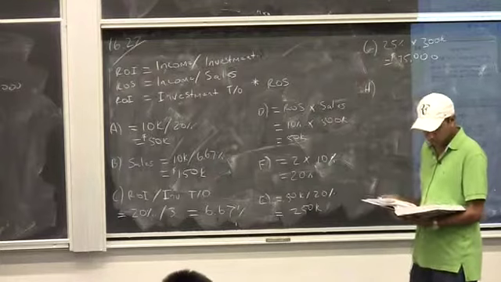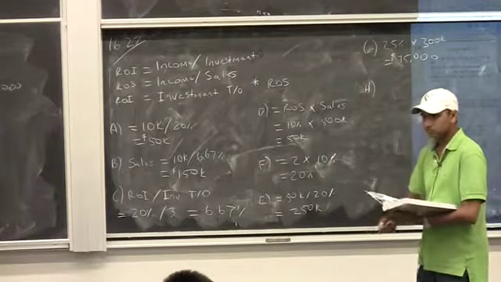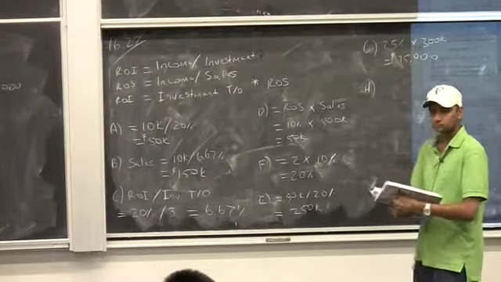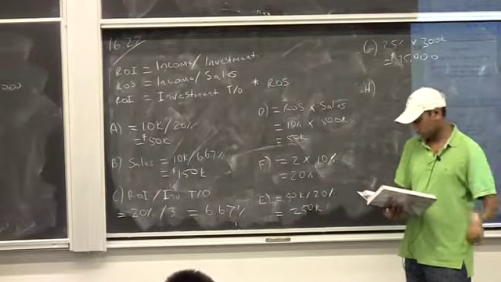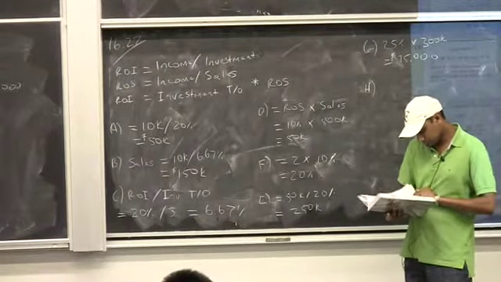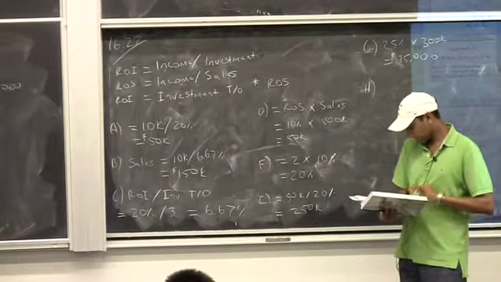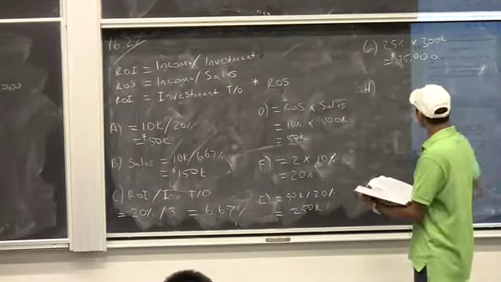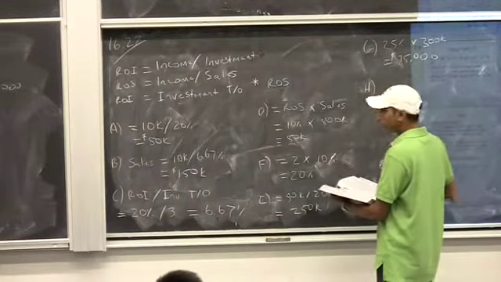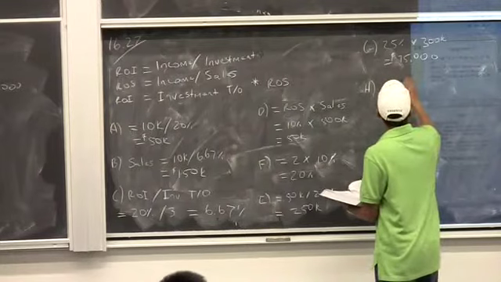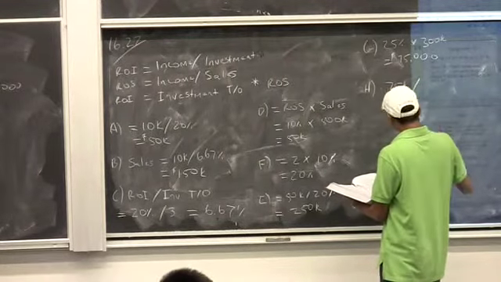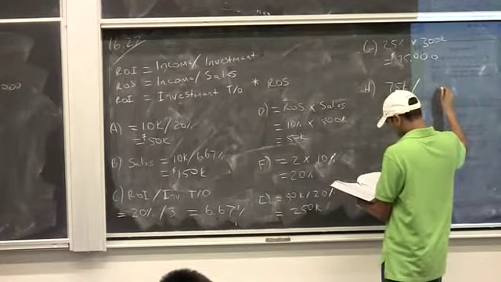H is asking for the sales. Yeah, so 75,000. So 75,000 is your income divided by ROS, which is 15%.